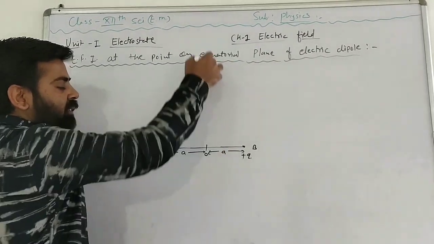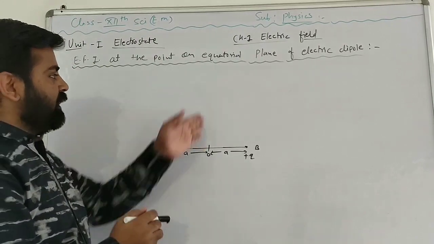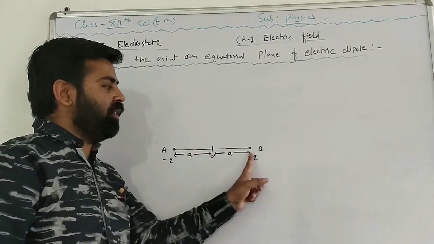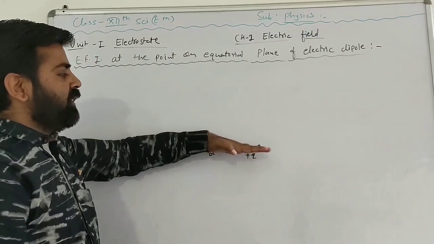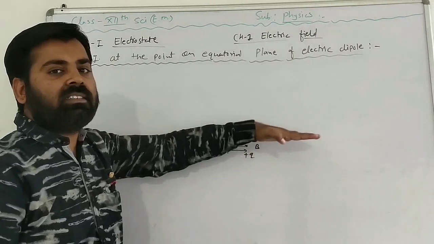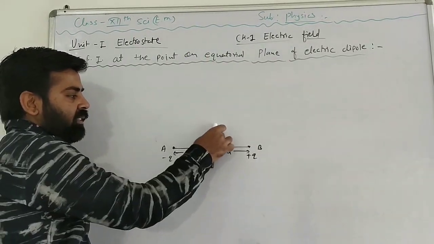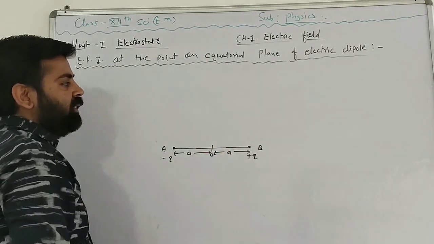This is the equatorial plane, the imaginary line which passes through the center of the electric dipole and is perpendicular to its axis. This is the axis line, and the equatorial line is drawn this way.